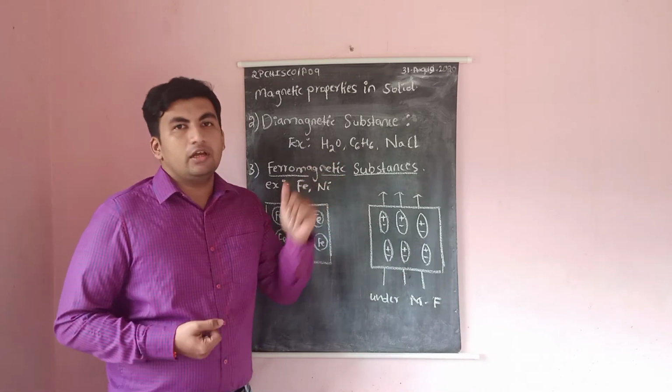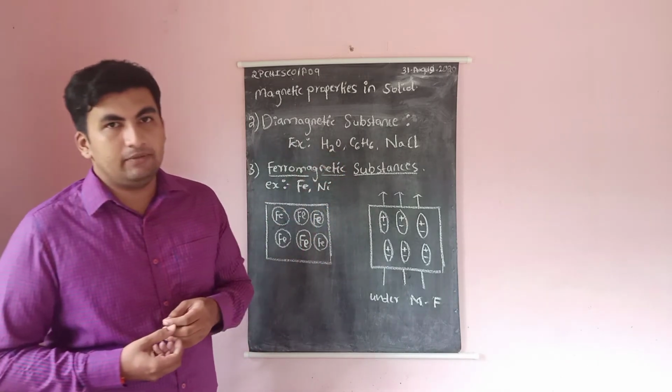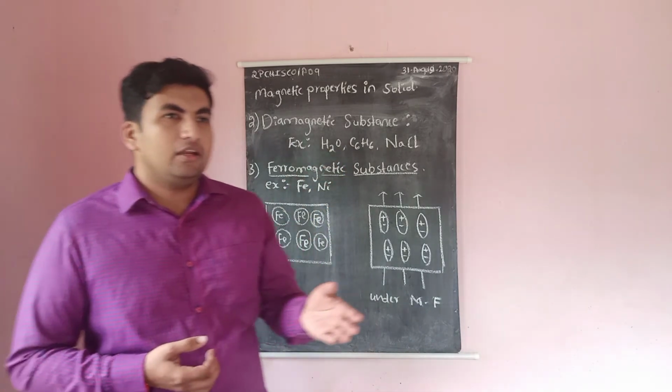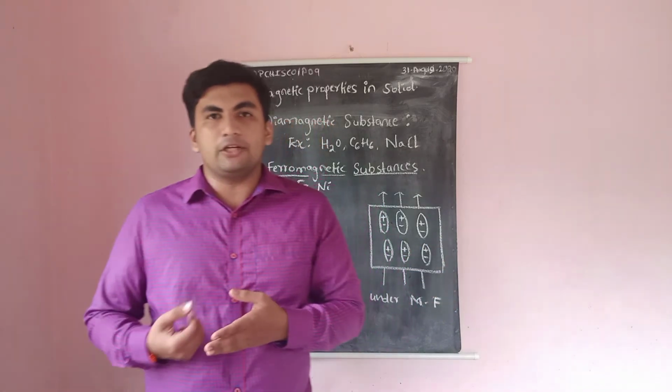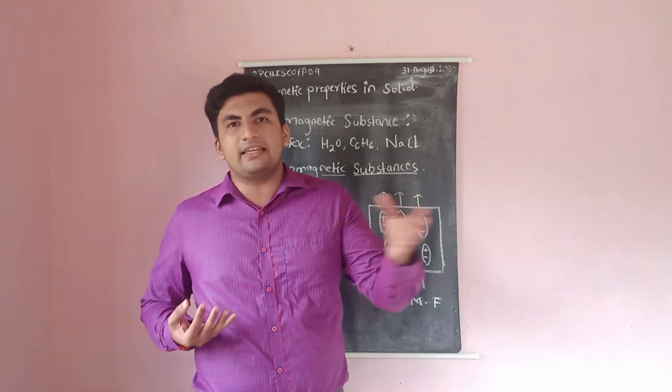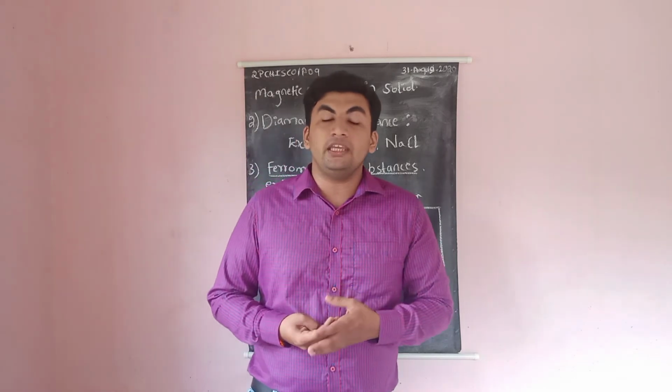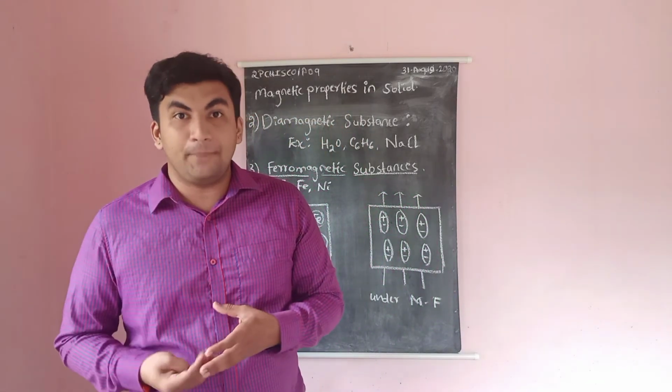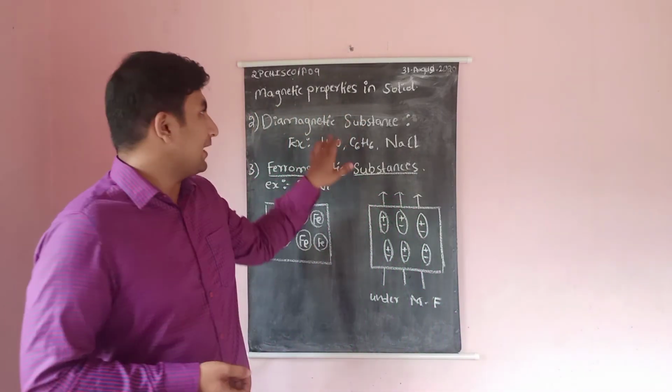Examples: water, benzene, NaCl, etc. The reason for the repulsion is that the substance has all its electrons paired. That means no unpaired electrons are present in diamagnetic substances.